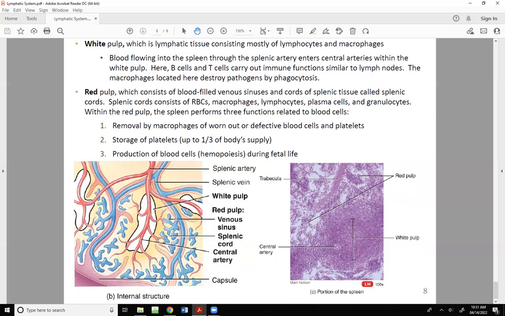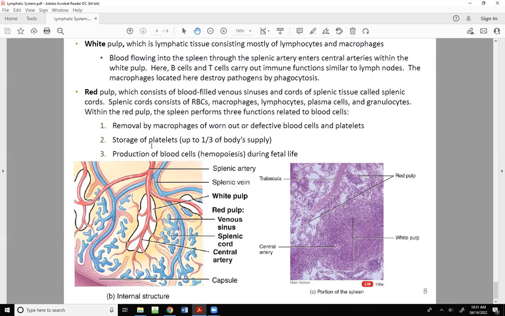Within the red pulp, the spleen performs three functions related to our blood cells. It can remove any defective or dead blood cells and platelets using the macrophages, those cells that are kind of like Pac-Man.